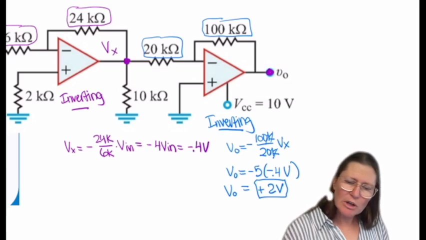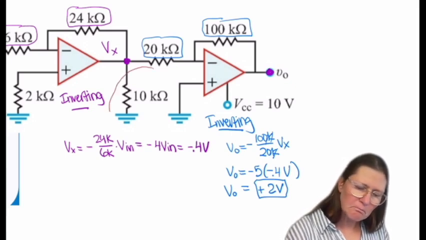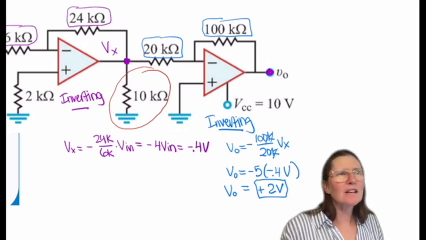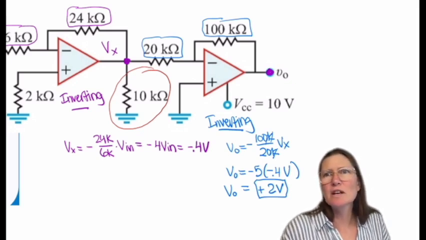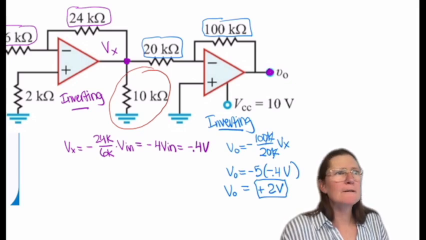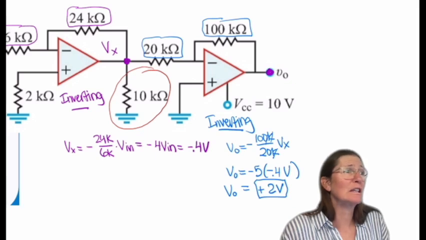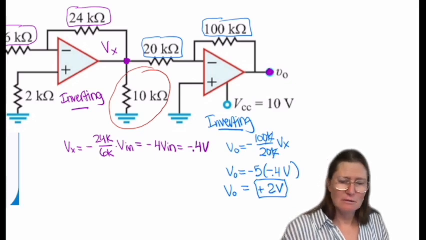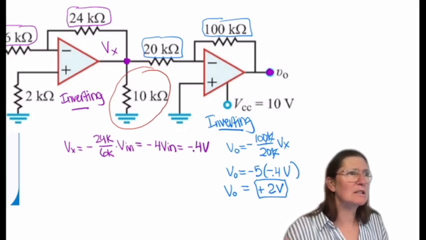So what's going on with this right here? That 10K. Any thoughts? That doesn't change any of the output, right? So it's really not doing anything to this circuit, so you can pretty much ignore it.